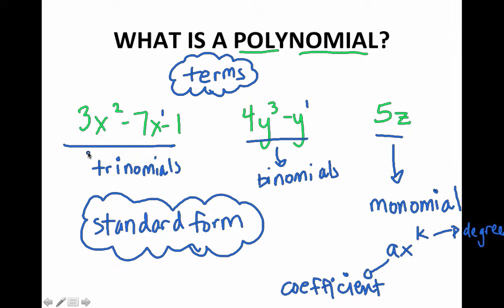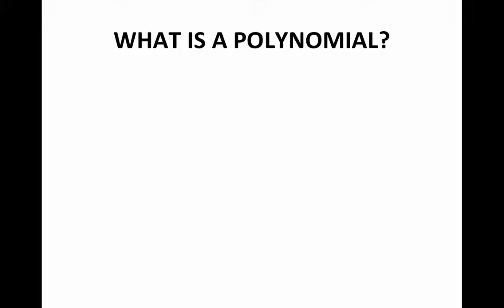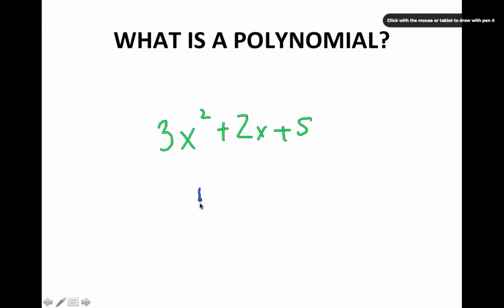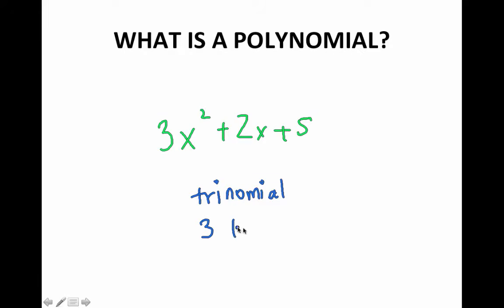So let me get rid of all these examples and write a new one. Here's a new example, 3x squared plus 2x plus 5. So this is clearly a trinomial because it has three terms. 3 is the leading coefficient because it's the coefficient of the largest term.